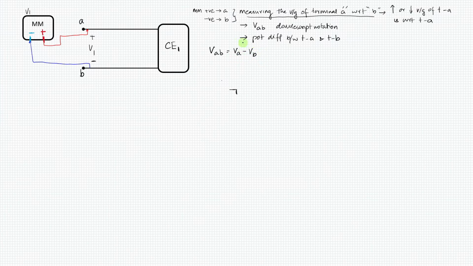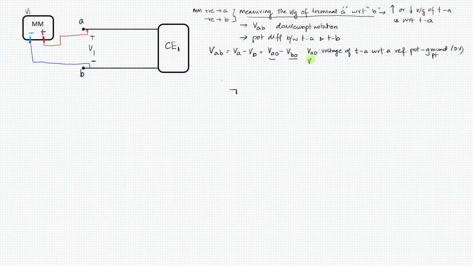However, this is not the accurate way of putting it. We have to write something like this: VA0 minus VB0. What is VA0 and what is VB0? VA0 is the voltage of terminal A with respect to a reference potential. Usually our reference potential is ground potential or 0 volt.